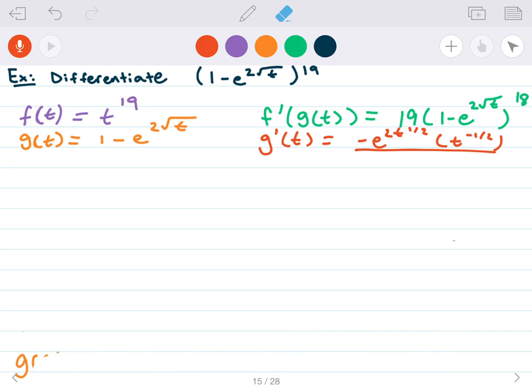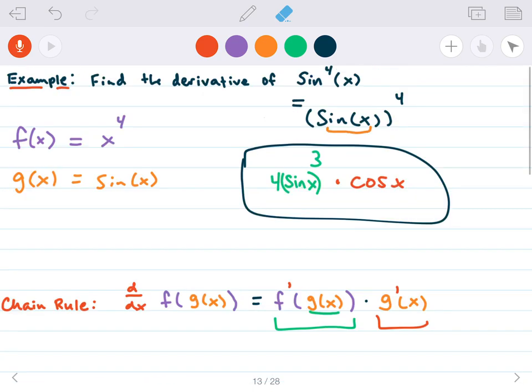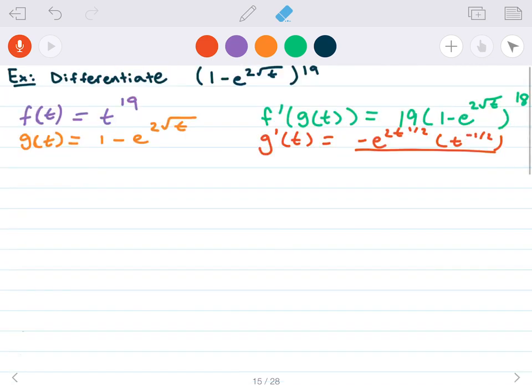Let's do it. So chain rule says that I need to multiply the green and the red together.